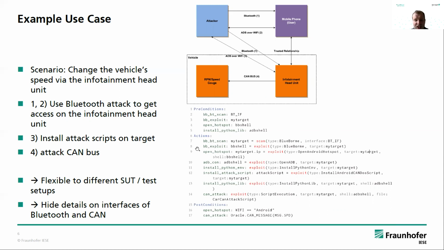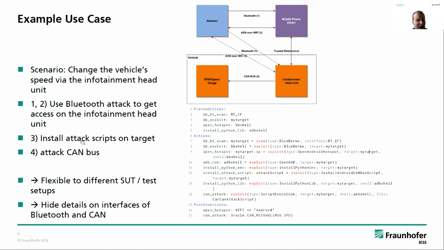Afterwards, a vulnerability should get exploited such that the shell is accessed by the attacker. The attacker would then use the shell to open an Android hotspot and to establish a Wi-Fi connection. This Wi-Fi connection is then used to install attack scripts on the target.